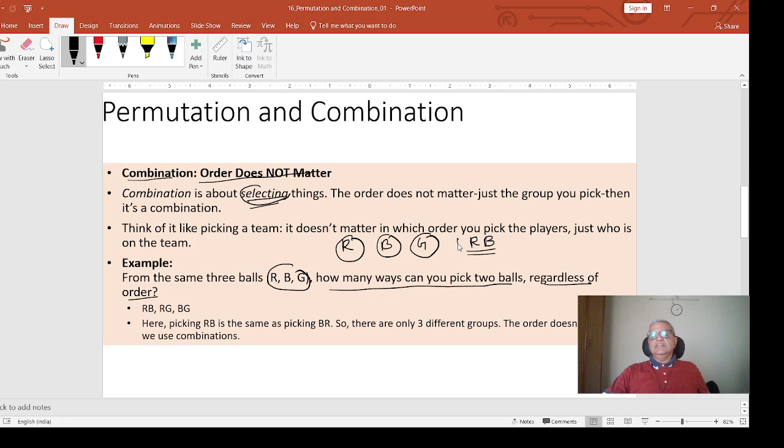Here this particular selection counts as 1, and BR is not considered separately. Second would be BG, and third would be RG. So these are the three ways to select two balls from a group of three balls: red, blue, and green.